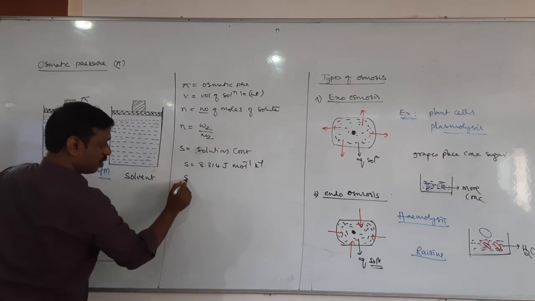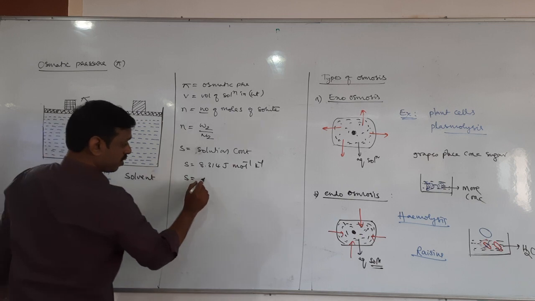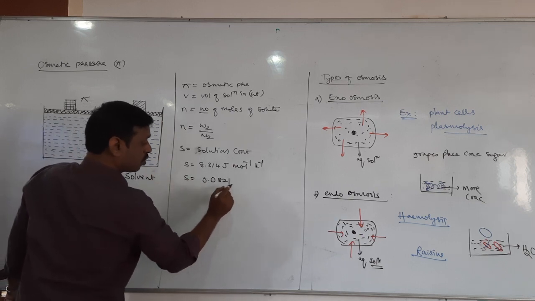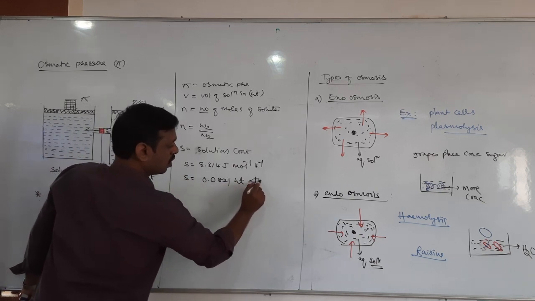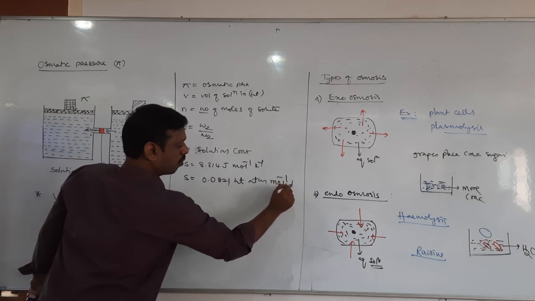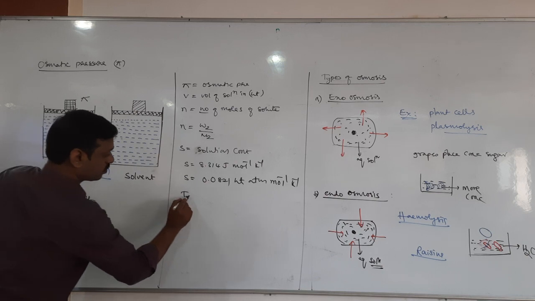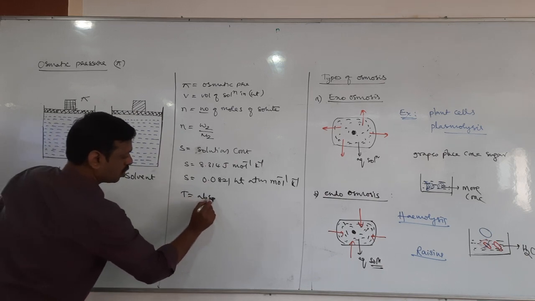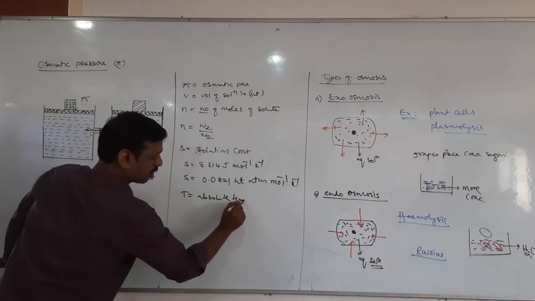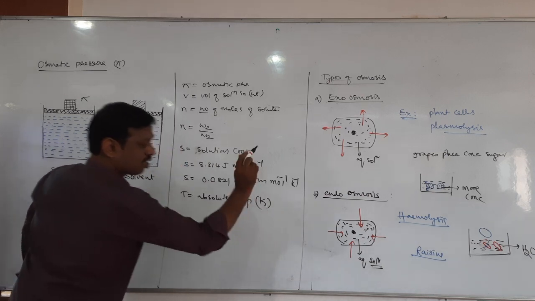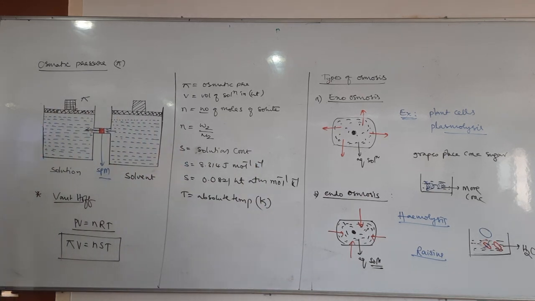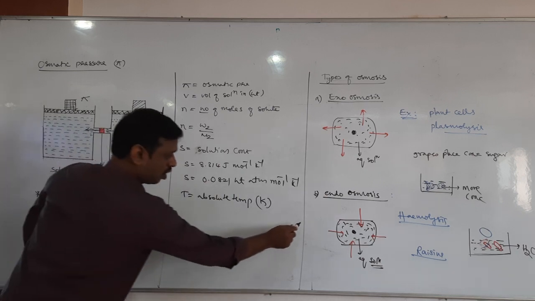But the S value in liter atmosphere is 0.0821 liter atmosphere per mole per Kelvin. And T is the absolute temperature. It means temperature must be in Kelvin. Okay, so this is about osmotic pressure.